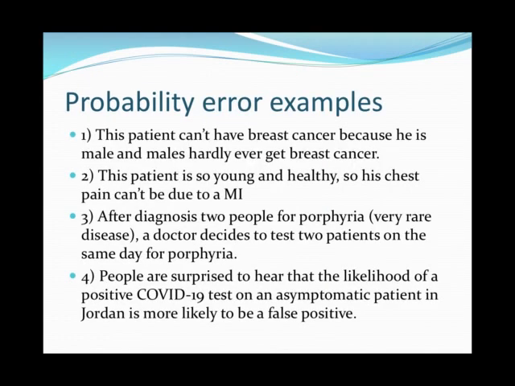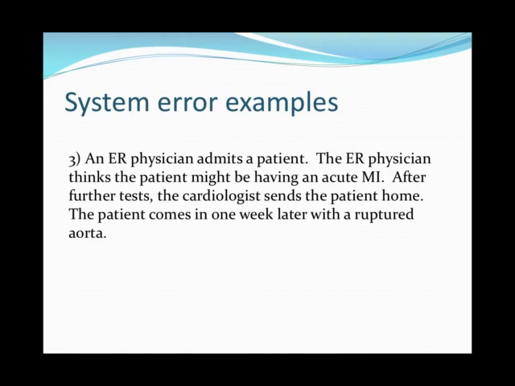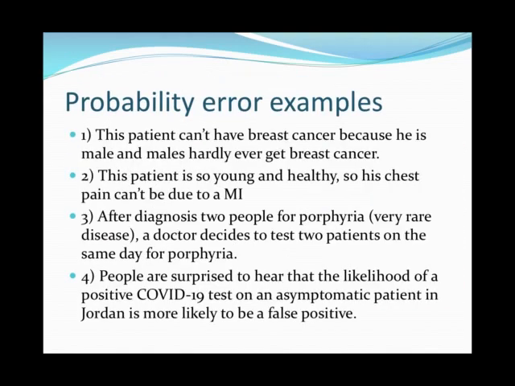Next one. This patient is so young and healthy, so his chest pain can't be due to an MI. So this is aggregate bias. We're saying that out of people that are young and healthy, that's our group, they normally don't get heart attacks.